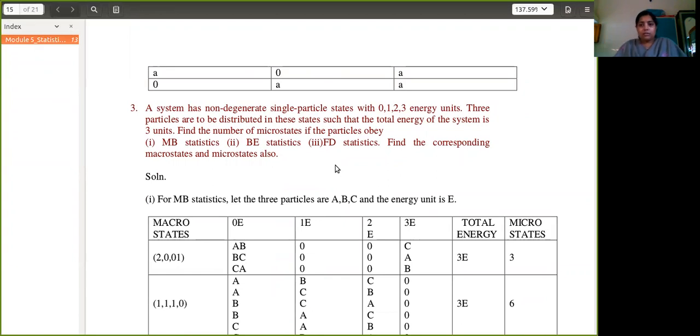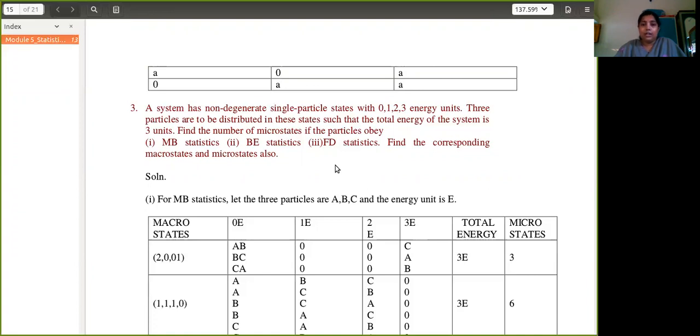The third problem is also a similar kind of problem. The only difference is that here I have put a constraint which says that the total energy of the system will be 3 units. So I have 4 cells having 4 different energy levels: 0, 1, 2, 3.